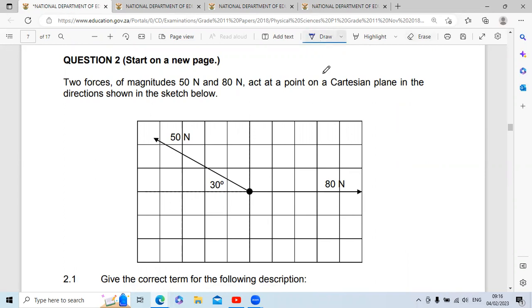The 80 Newton vector is on the x-axis, so it's horizontal, and the 50 Newton vector is inclined at a 30-degree angle. What I always do first, let's just say this is going to be our y-axis, and this side is going to be our x-axis.